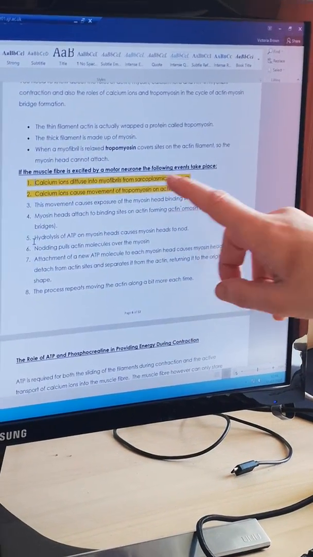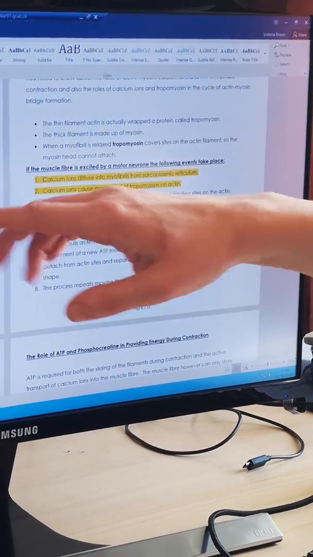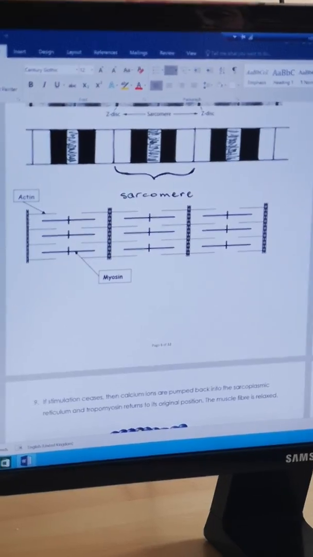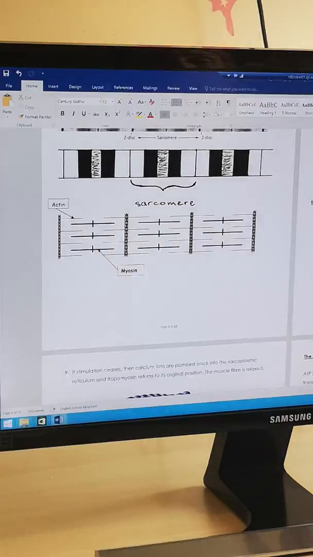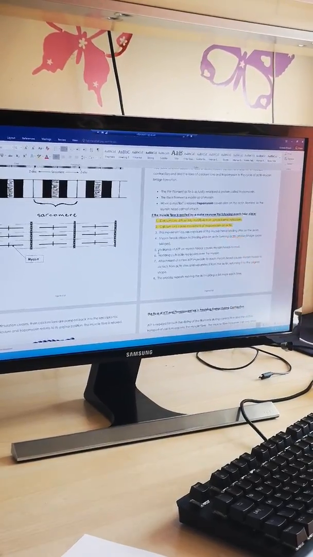So they're released from the sarcoplasmic reticulum and they diffuse into the myofibrils, where we've got this arrangement of actin and myosin myofilaments. The calcium ions then affect the tropomyosin on the actin.